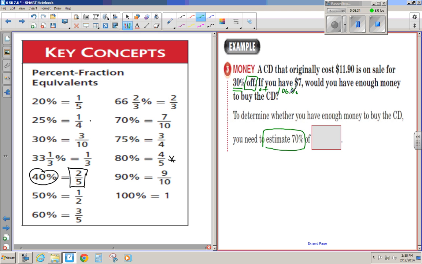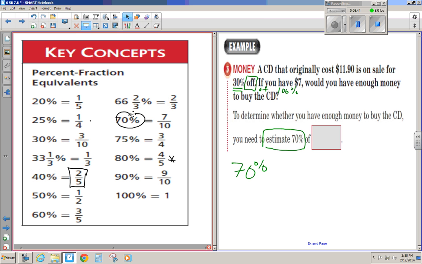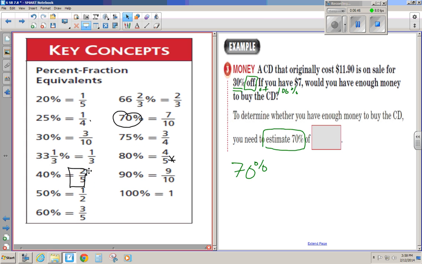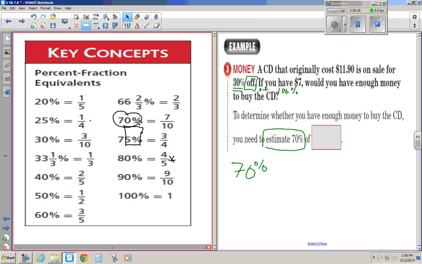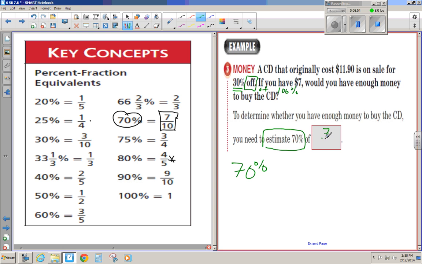So you start with 100% and you're taking 30% off, that gives you 70%. Now, looking at our key concept here, 70% is 7/10. So we need to estimate that 70% is 7/10.